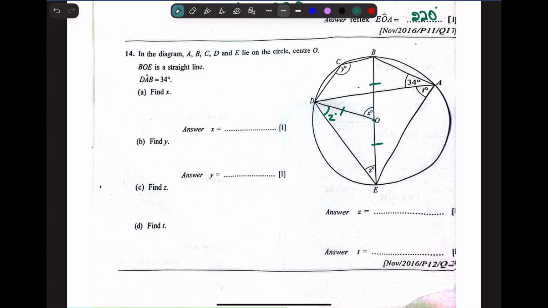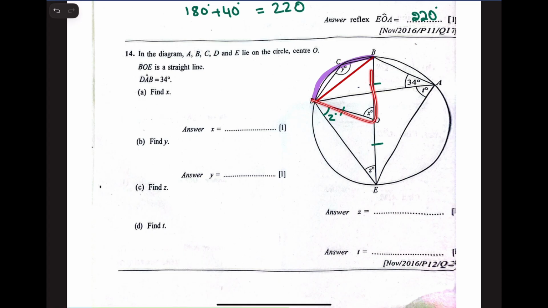I hope that after practicing so many similar questions, you're able to figure out that there is an invisible chord BD, or the arc BD is making an angle at the center and at the circumference.